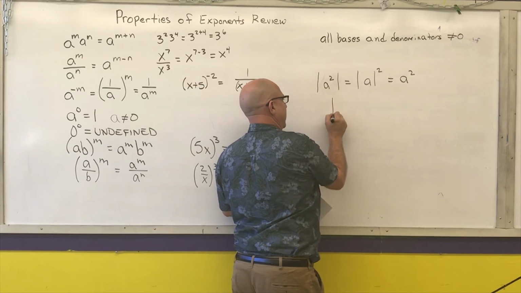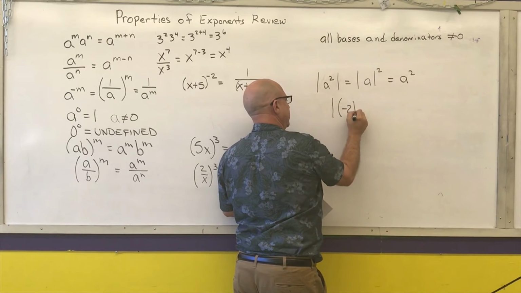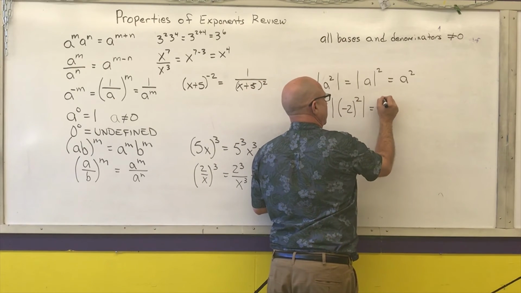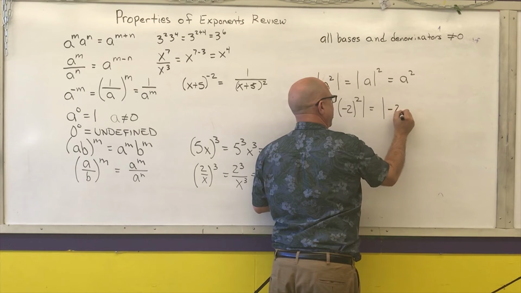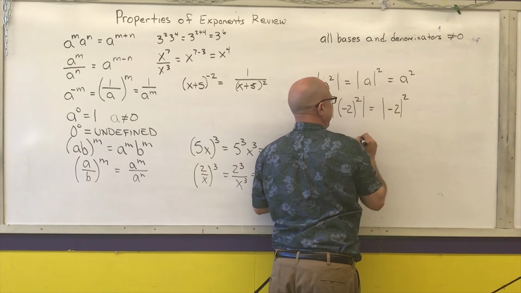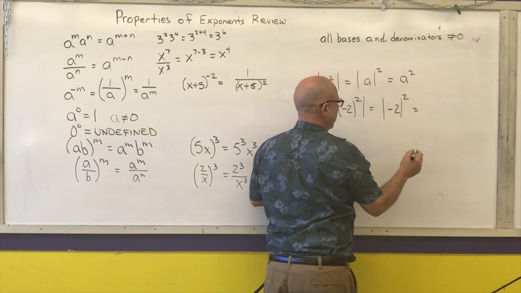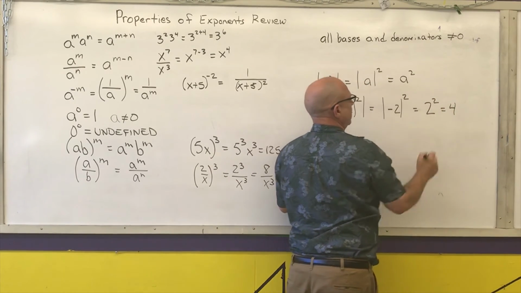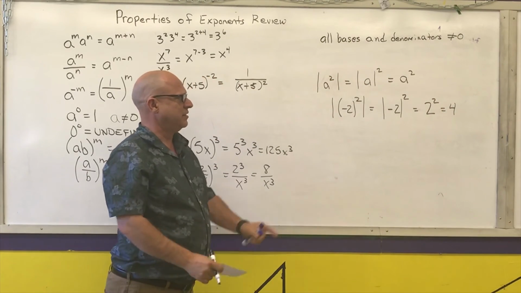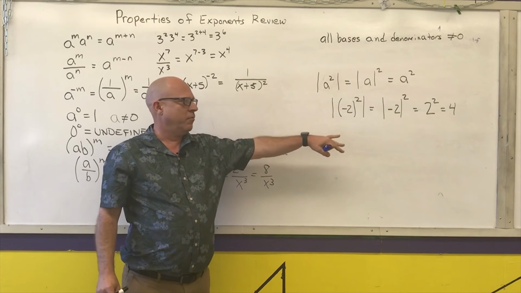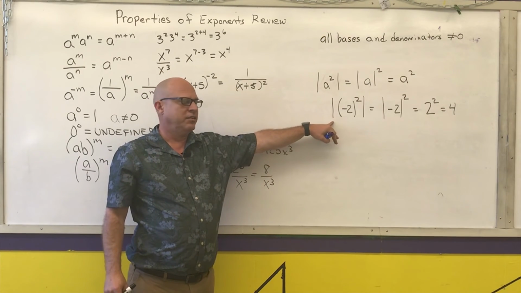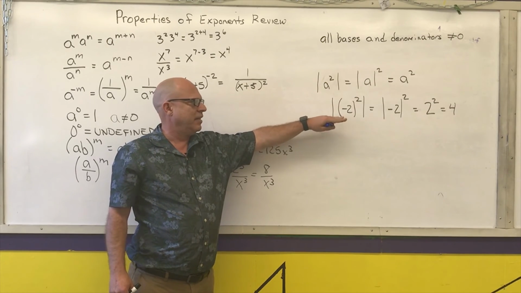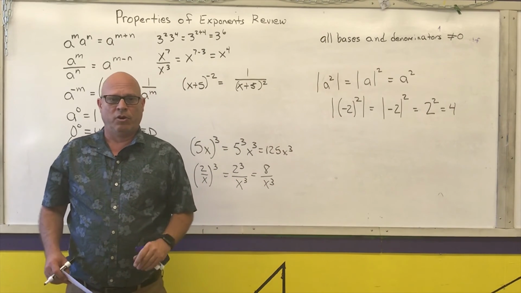For example, absolute value of -2 squared is equal to the absolute value of -2 squared, which is equal to 2 squared, which is 4. I know this is a simple example, but when we get later on in the college algebra class, or when you take college calculus or something like that, this will come into play more readily.